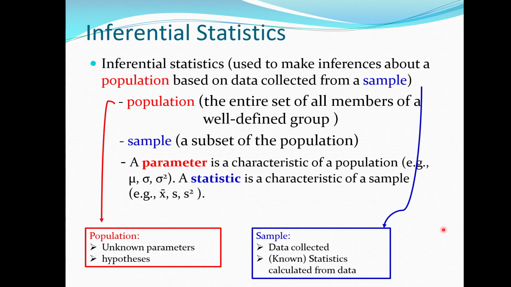First of all, population is rarely accessible, meaning it's really hard for us to reach out to the whole population in our study. But sample is more readily available. You can select a subgroup from a population as your sample, and you can collect data from your sample. And then you can calculate statistics based on the data you collected.